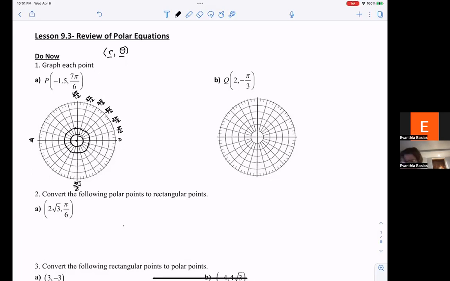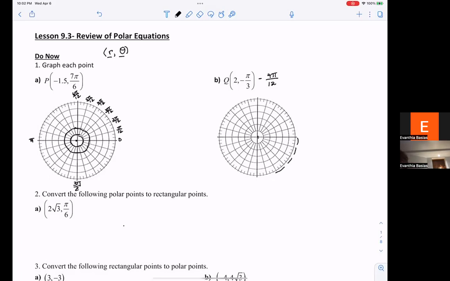So let's plot, say, the second one, 2 comma negative pi over 3. So negative pi over 3 is equivalent to negative 4 pi over 12. So we have to go in the clockwise direction, starting from 0, 4 down: 1, 2, 3, 4.